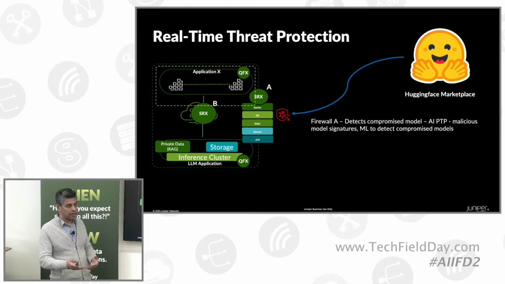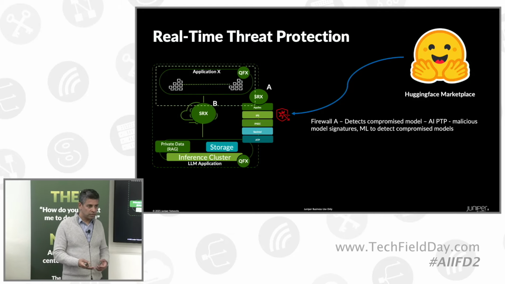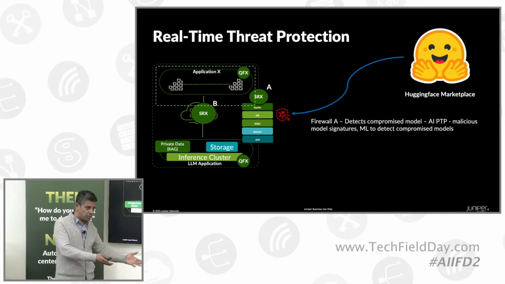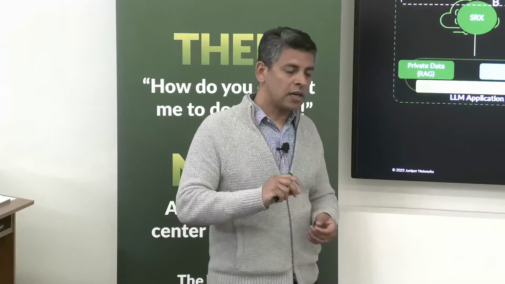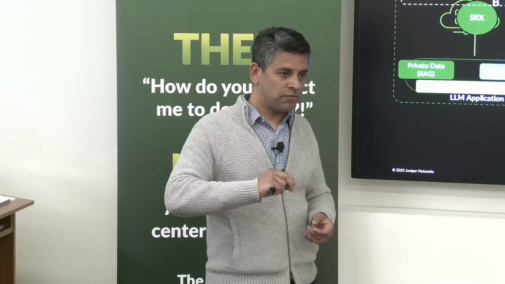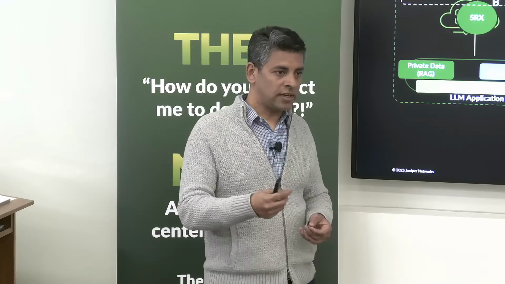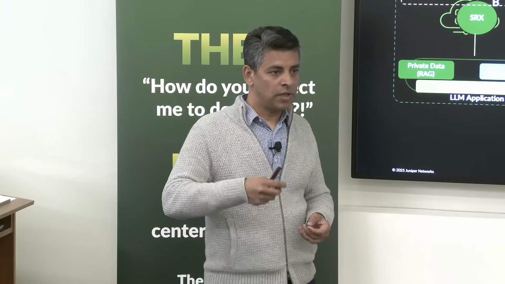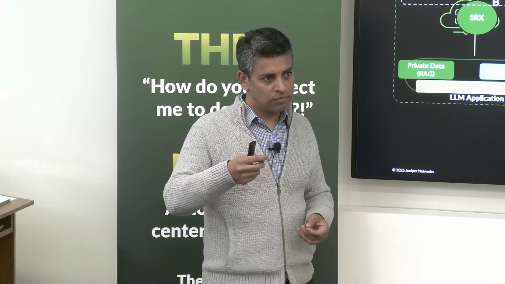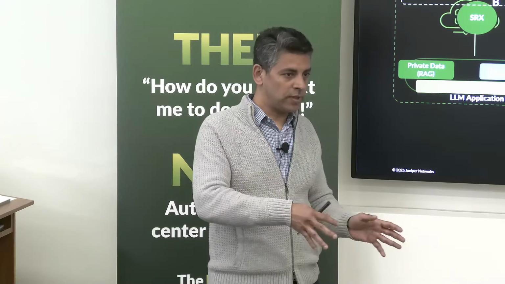So if you've got a model that somebody has tampered with, whether it's an AI model or an application, there are certain signatures in the file being downloaded that indicate that somebody has tampered with it.